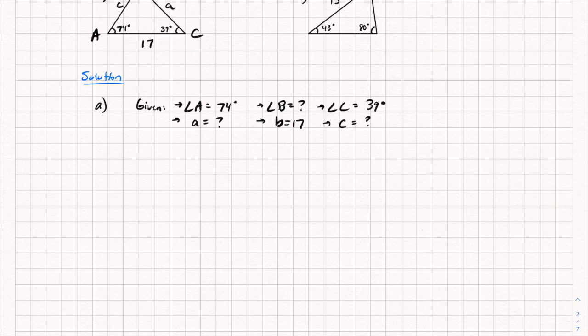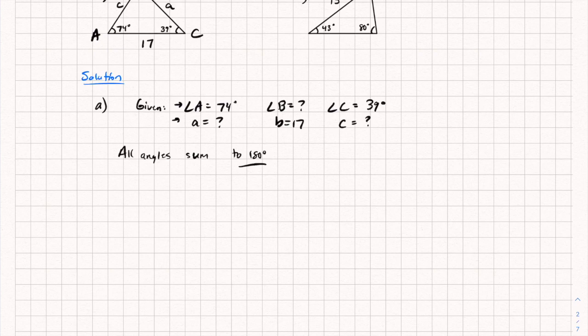So before I can even do law of sines, I need to see, is there a fact about triangles that will allow me to find one of these missing pieces before using the law? Well, there is, right? In a triangle, I know that all angles must sum to 180 degrees. That is a fact of every single triangle.